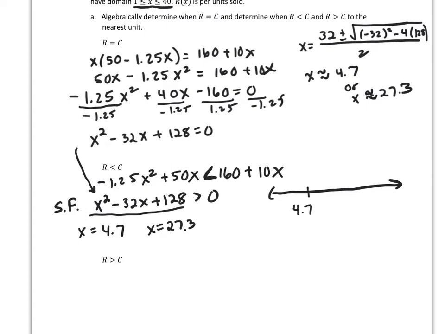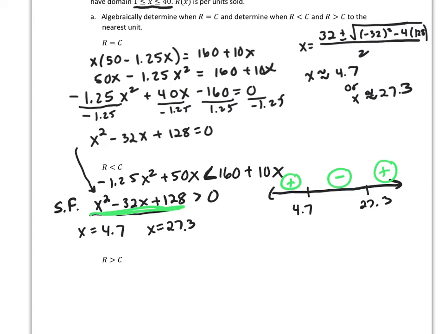So that's 4.7 and 27.3. Where's 0? 0 is in the far left. If I plug 0 in here, I'm left with a positive number. So this is positive. And then take the number 10 and plug it in for the middle region, and you're going to get a negative number, and then that's going to be positive.